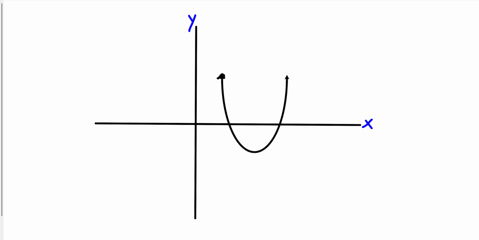Thumbs down if you think it can only have 2. I'm waiting for people. So once again, thumbs up if you think it can have less than 2 x-intercepts. Thumbs down if you think it's only possible for it to have 2 x-intercepts.